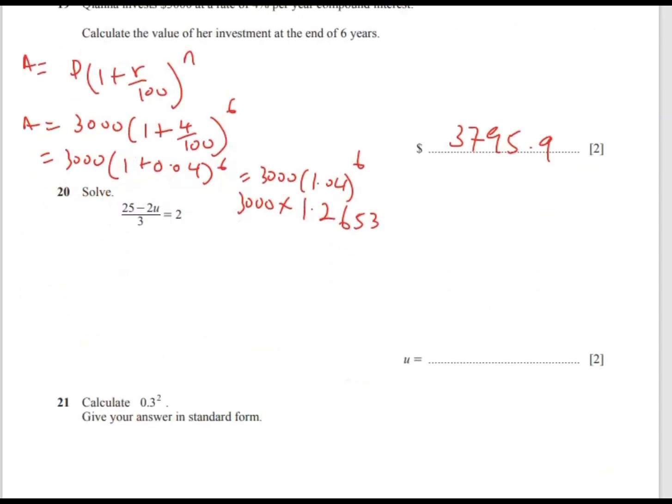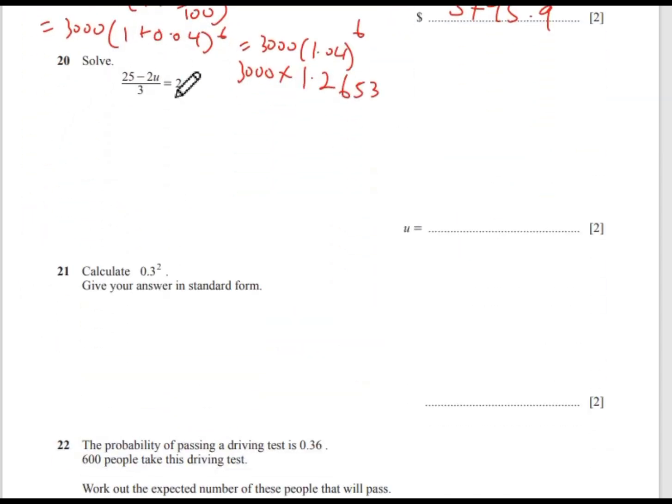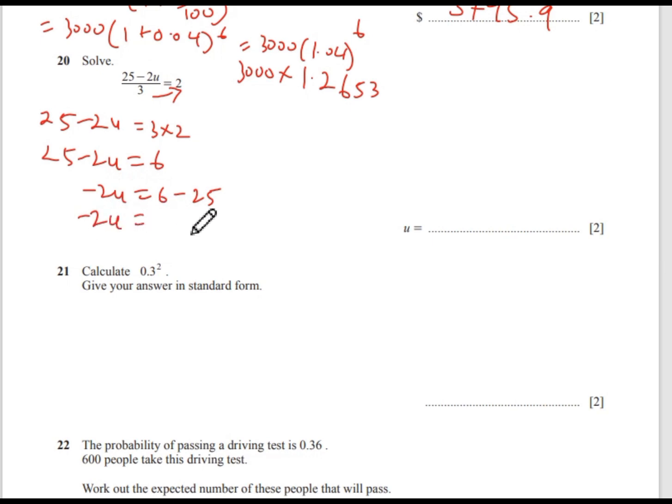Let's proceed. Number 20. Solve (25 minus 2u) divided by 3 equals 2. Now when we cross multiply, we have 25 minus 2u equals 3 multiplied by 2, which is 6. Minus 2u equals 6 minus 25, which is minus 19. u equals minus 19 divided by minus 2.